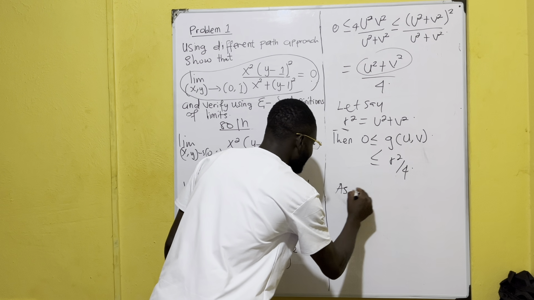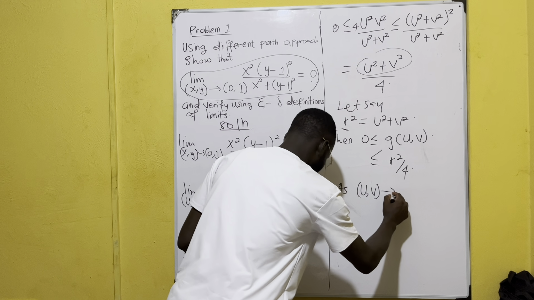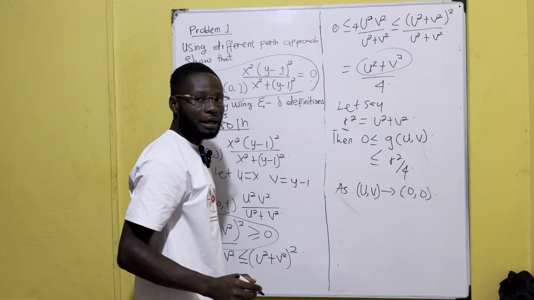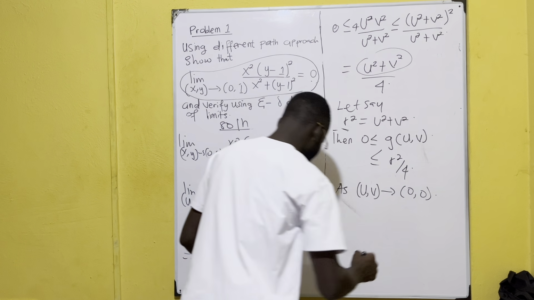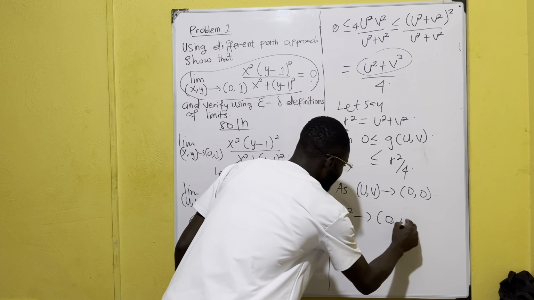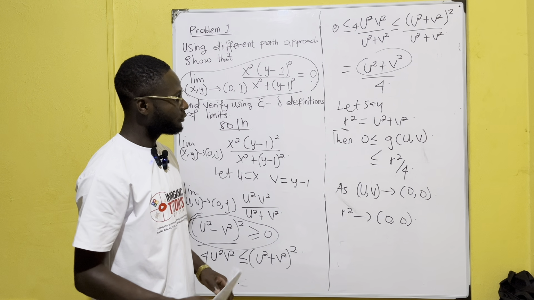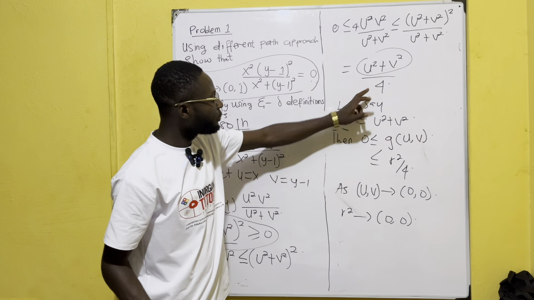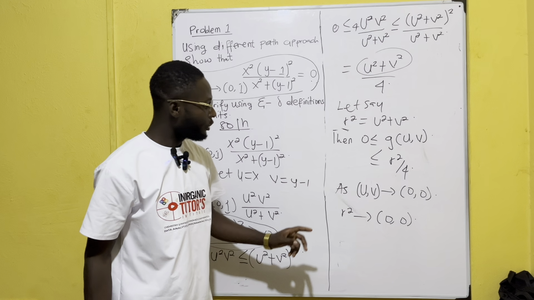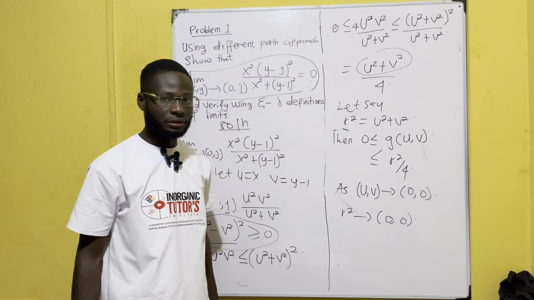Now as u and v approach 0, 0, we know that r squared will also approach 0, right?